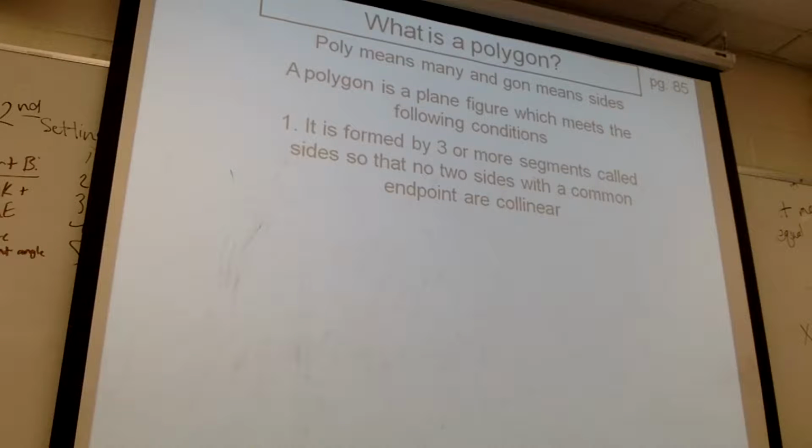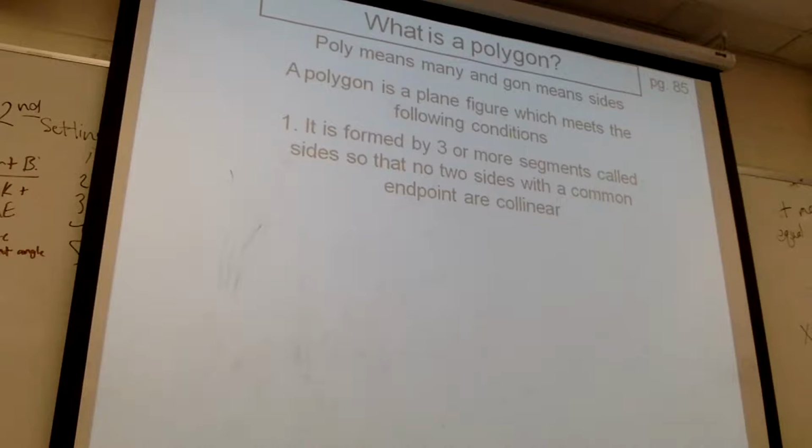So to create an actual polygon, you have to have at least three sides, meaning that you've got three segments that are intersecting each other. However, as it says there, you can't have a common endpoint that are collinear, meaning that I can't have three segments and two of them be collinear, because there's no way I'm going to be able to create a shape if I've got a straight line and then another segment cutting down off to the side somewhere.